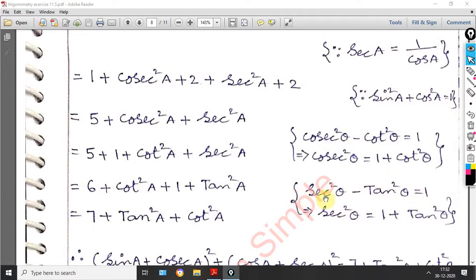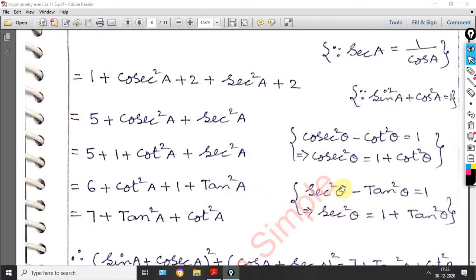So we are putting here secant square theta as it is, equal to 1 plus tan square theta, because this minus tan square theta, when it comes to the other side, will become plus. So in place of secant square theta, we can write 1 plus tan square theta. So we are writing 1 plus tan square A, because here the angle is A.